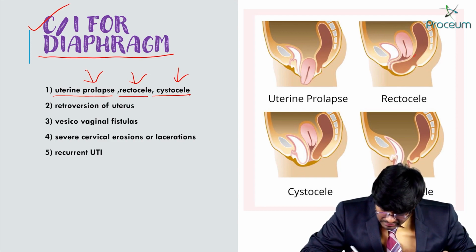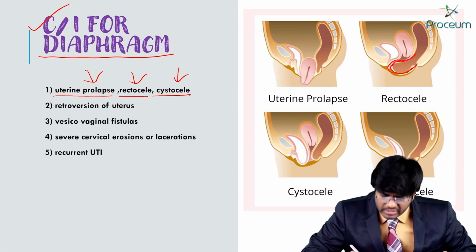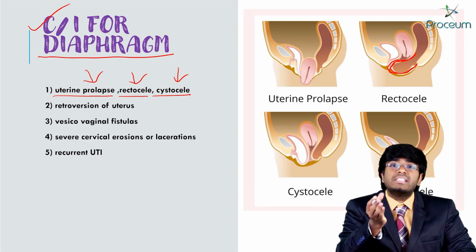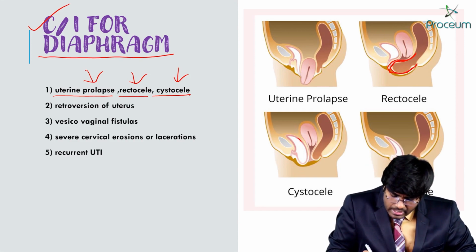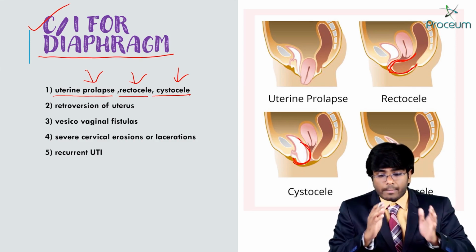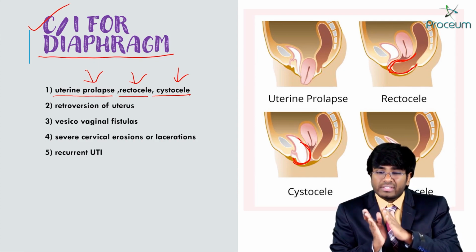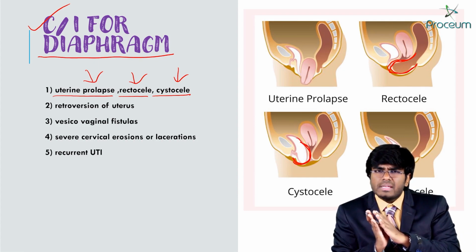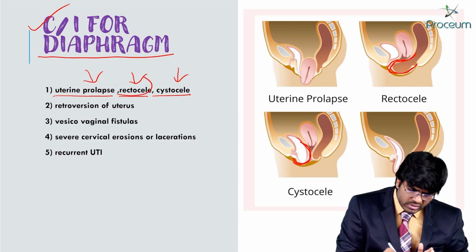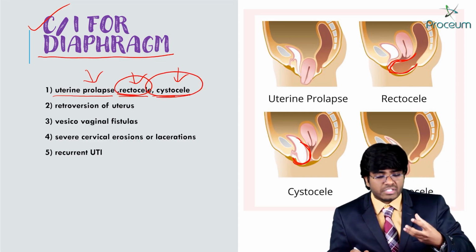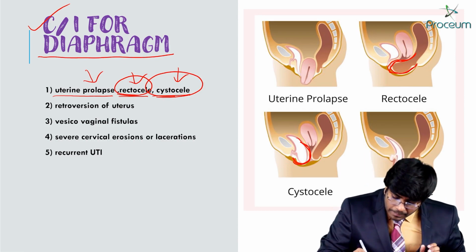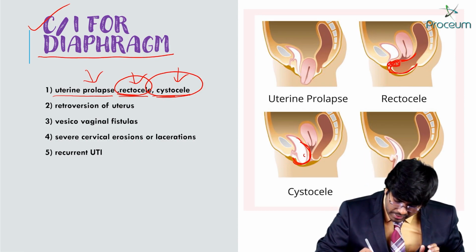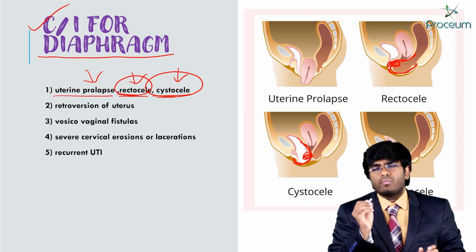In rectocele, the rectum is displaced anteriorly, narrowing the reproductive tract. And in cystocele, the bladder falls posteriorly, again making the vagina narrower. In these conditions, if a female tries to insert the diaphragm, that may rupture the rectum, or the wall of the urinary bladder.